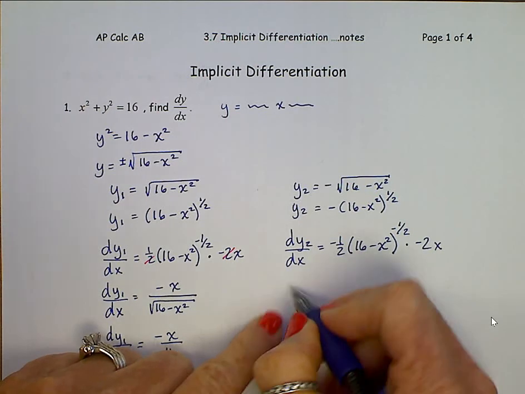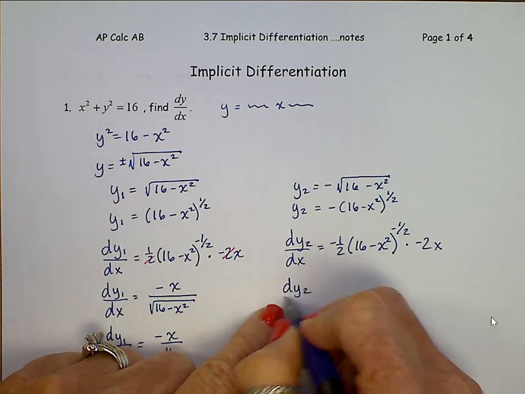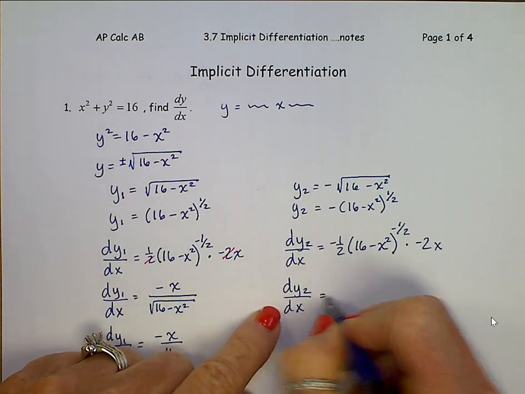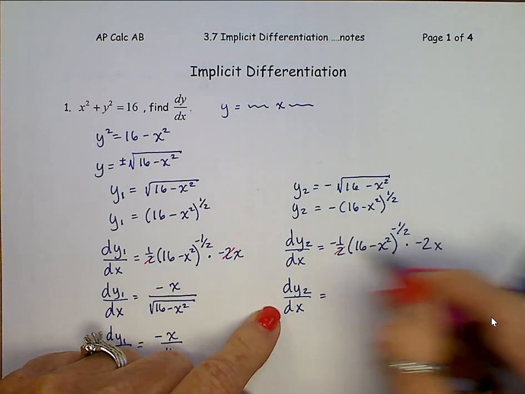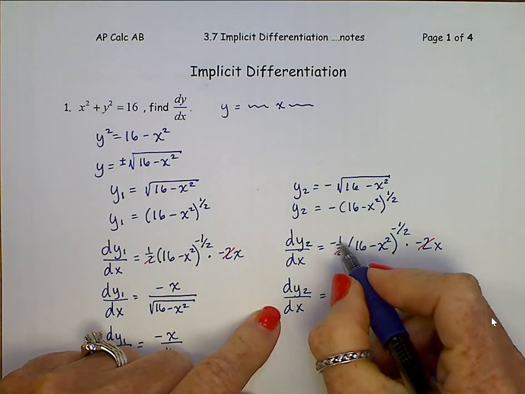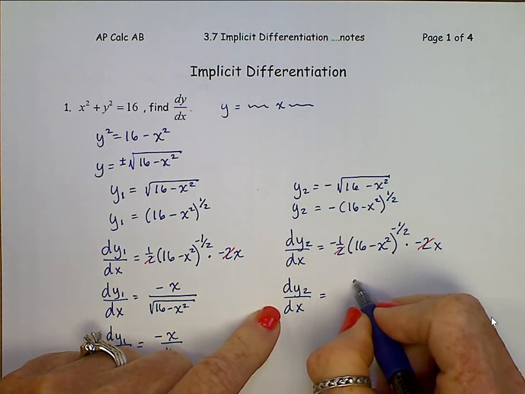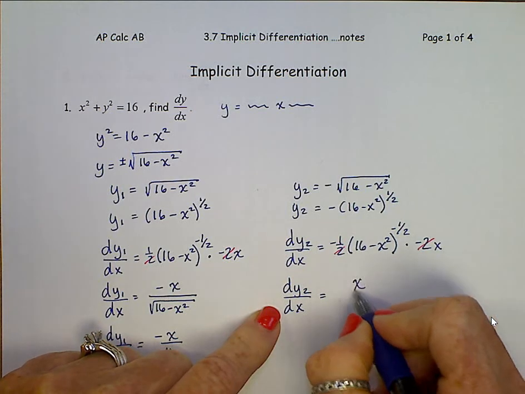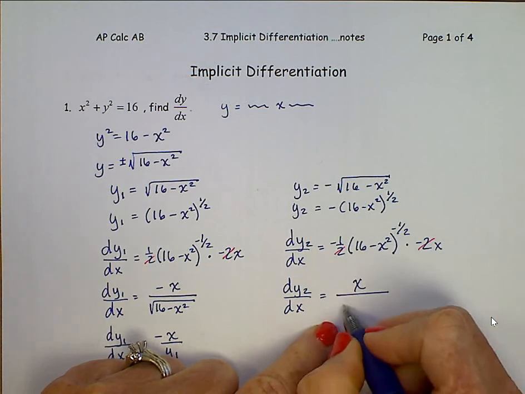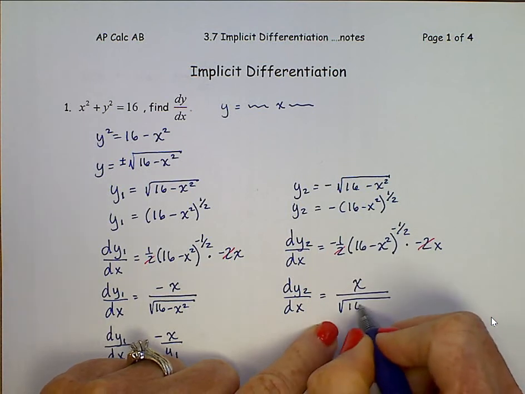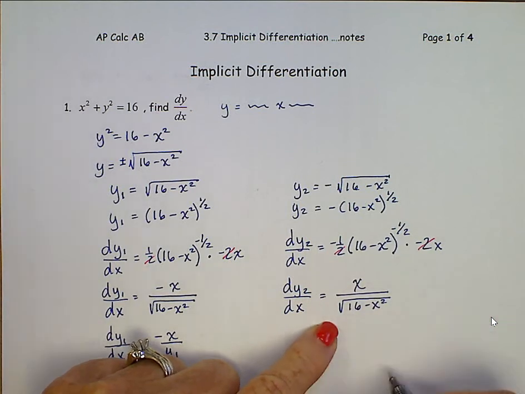Cleaning this up, again the 2's will divide out, and this time we have a negative 1 times a negative x, that's just x, over, and we can put this back in the denominator as a square root, 16 minus x squared.